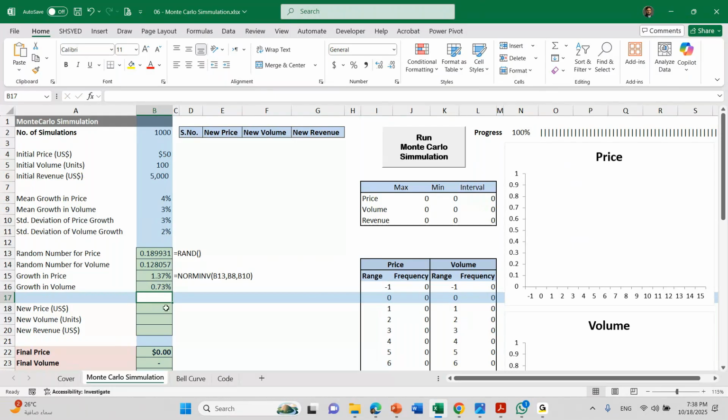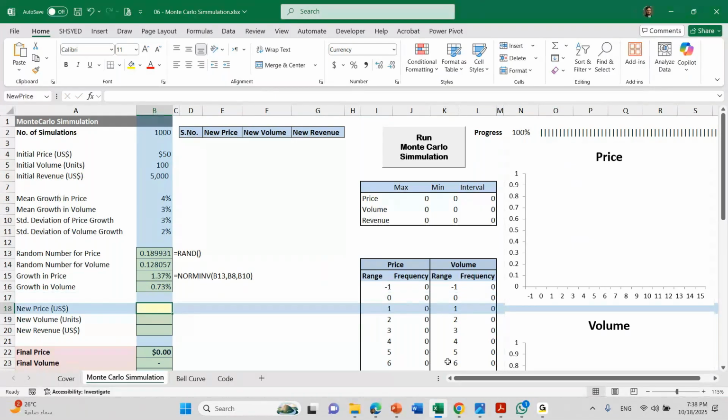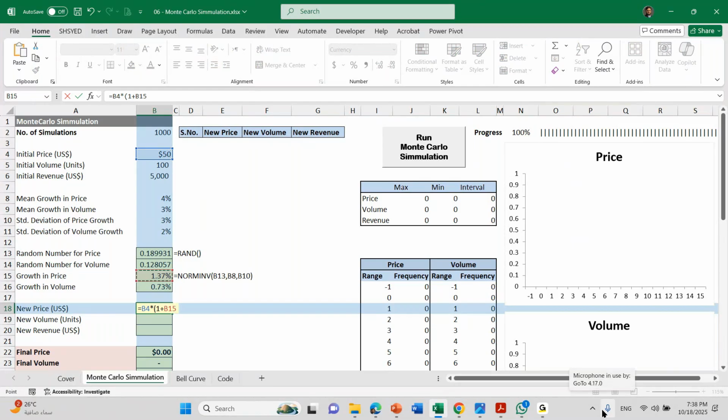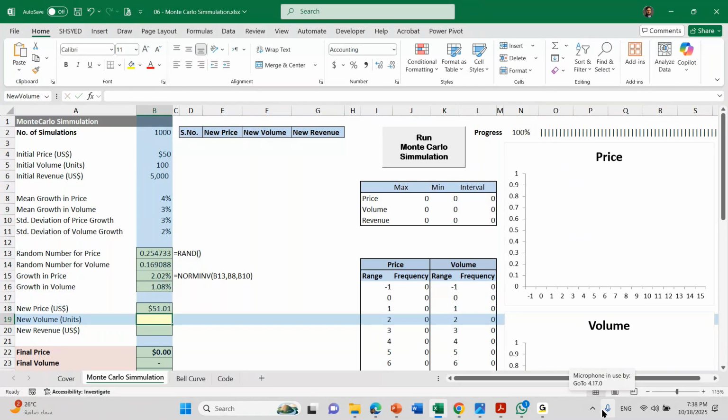And that price will be the starting price multiplied by 1 plus the growth in price, this value, and that gives me the new price. And the volume, this is my historical volume, multiplied by 1 plus growth in volume.